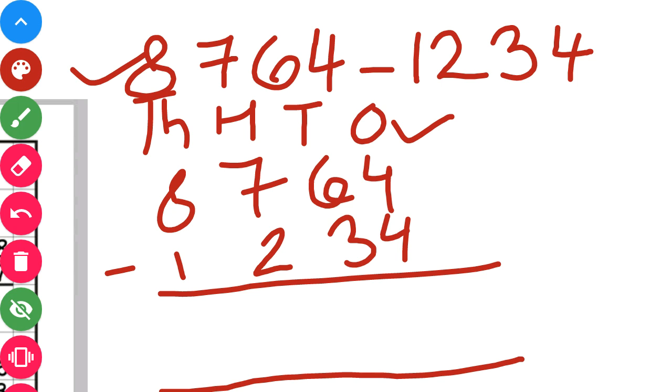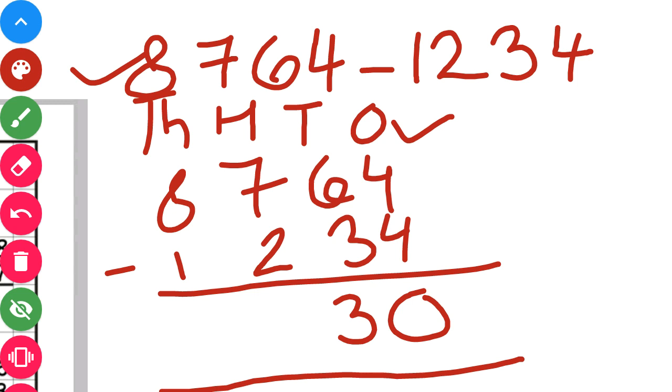Now close all those 4 fingers. How many fingers are there? 0. Now 6 minus 3. Suppose you have 6 toffees and you gave 3 toffees to your best friend. How many toffees will remain with you? 3.